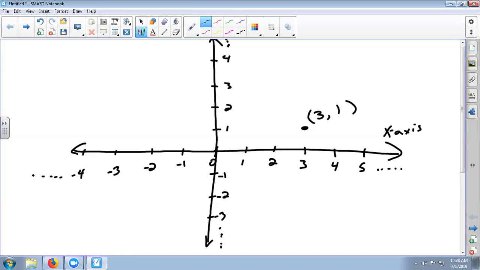You could just as easily label a negative number. Like this one here goes left 3. That's the x value is negative 3. And the y value is positive 2. So (-3, 2).